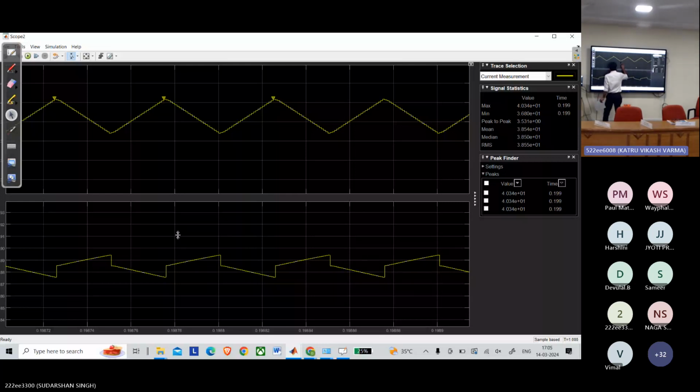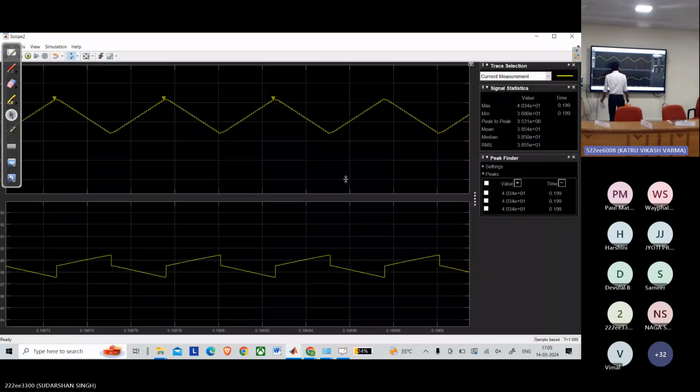Another point I want to mention is that as you see the inductor current is increasing during on time, the capacitor is totally providing the load, so that is why the capacitor is discharging. So this is the linear variation. Obviously, this is not exactly linear, but the time is very short, so you are getting almost a linear waveform, but actually it is parabolic.